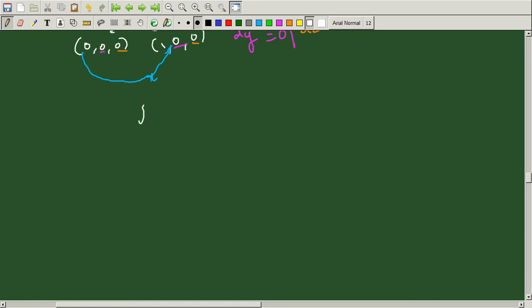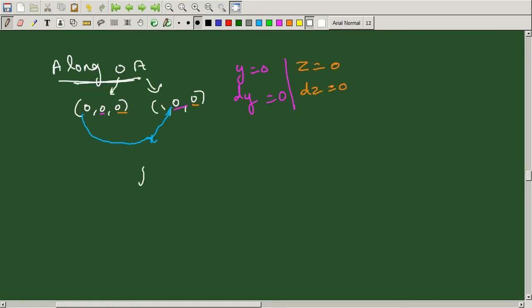Along OA direction, we know the formula, left side, integral over C f dot dr. Already we found the value of f dot dr, that is (y minus z) dx plus yz dy minus xz dz.